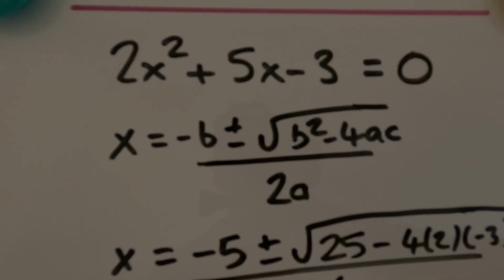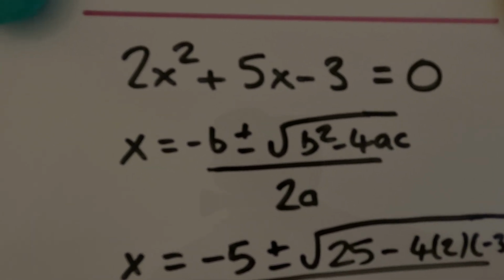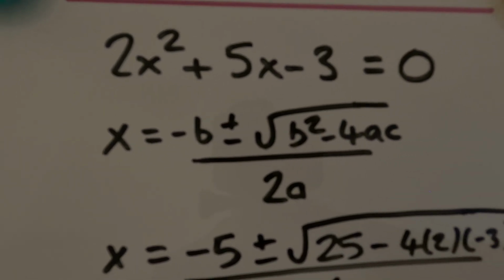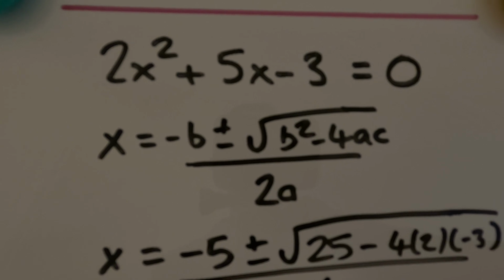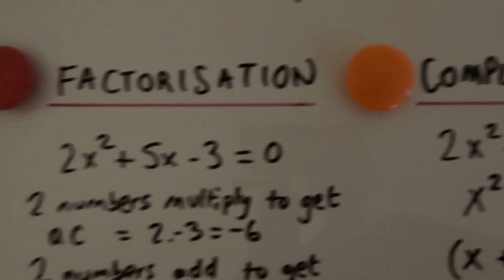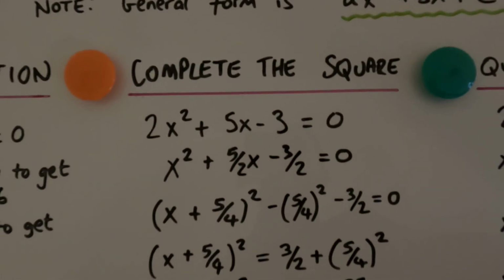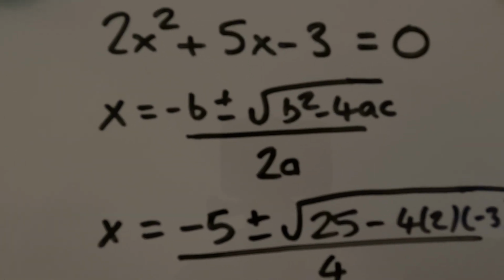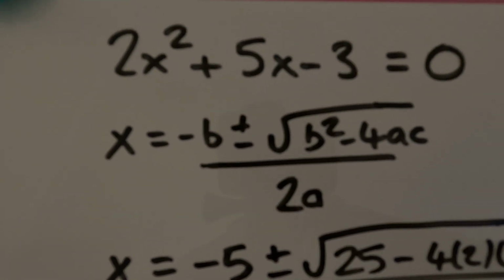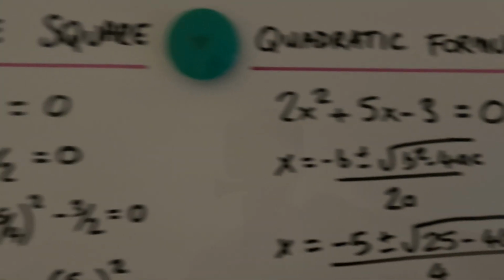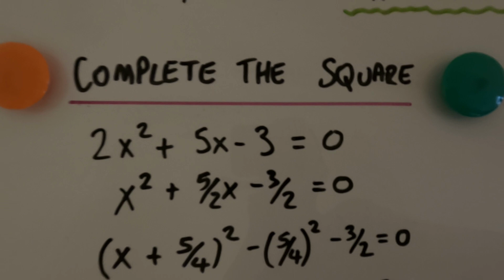Now, if the formula is not given, and you don't have it in a formula booklet or anything, and you don't know it, then you would have to derive it yourself, or you would have to use one of these methods. And remember, I covered another video on the formula and where it came from. The formula was derived using the complete the square method.